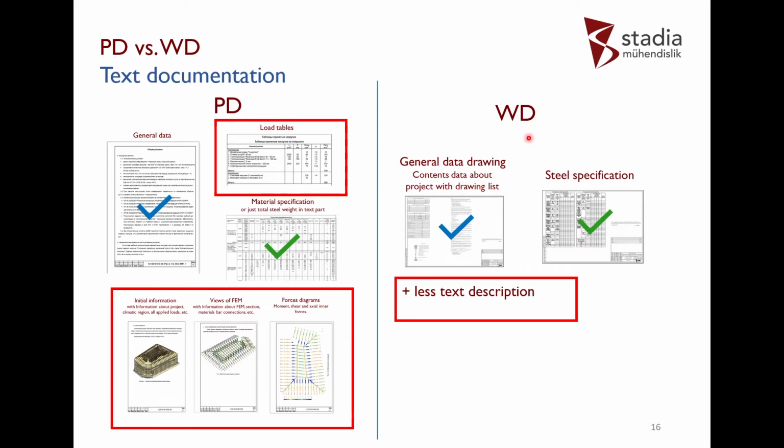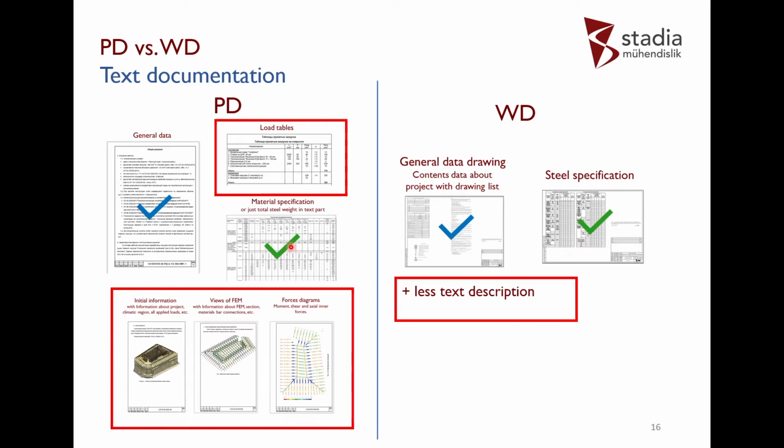In working documentation, usually it's needed to recalculate because you are taking responsibility for this project. But if you already calculated this project, you don't need to deal with loads at all. You already have in working documentation all information about loads and the full calculation model.